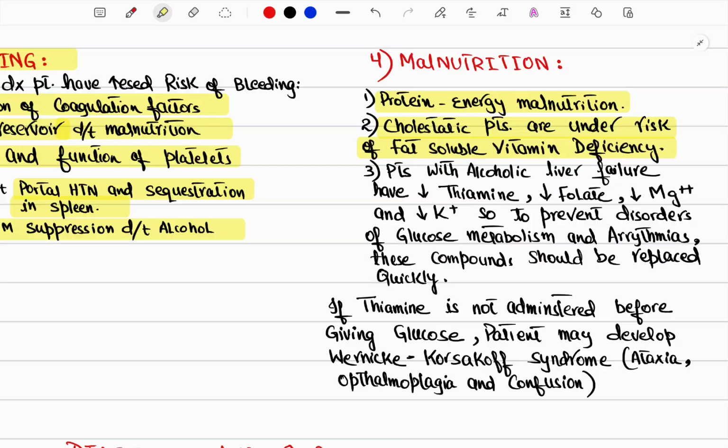The patients with alcoholic liver disease have decreased thiamine, which is the most probable thing we can say, and also decreased folate, decreased magnesium, and decreased potassium.